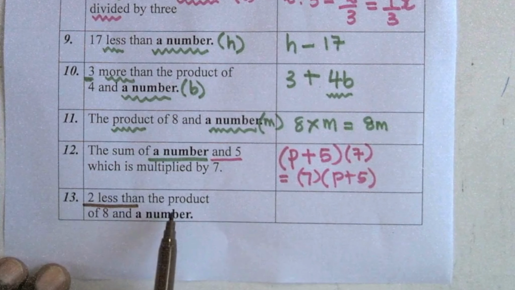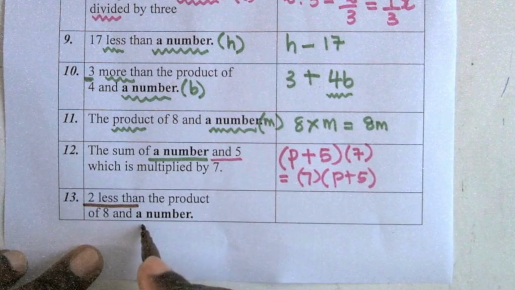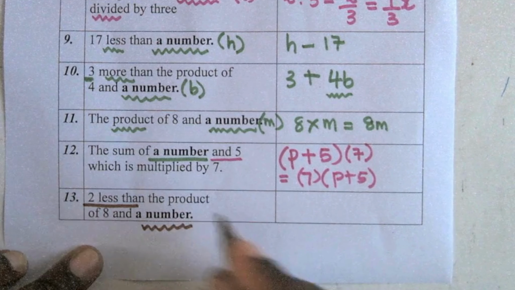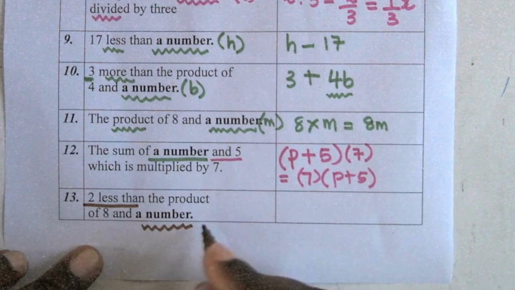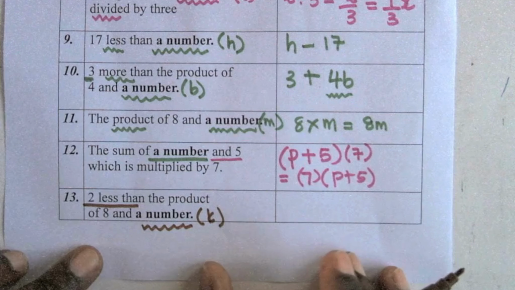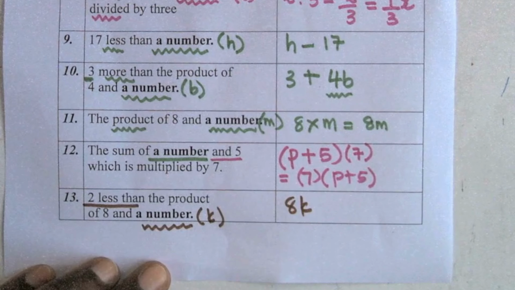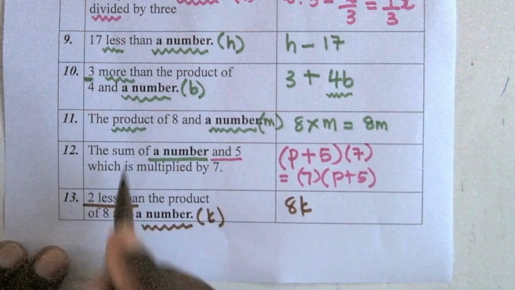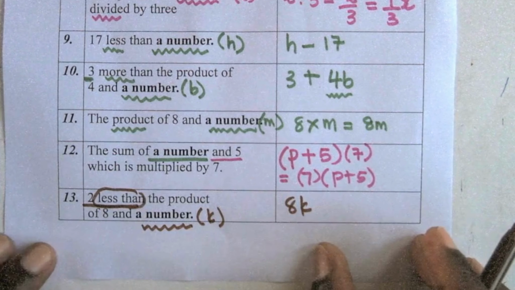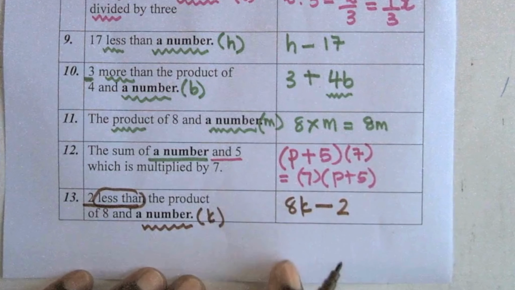I'm going to write this part here which says the product of 8 and a number. But I have to choose my letter here to represent this number. So I'm going to say let the number equal to K. So I'm going to write 8K. Because of the word less than in the statement, I'm going to use the sign minus 2.